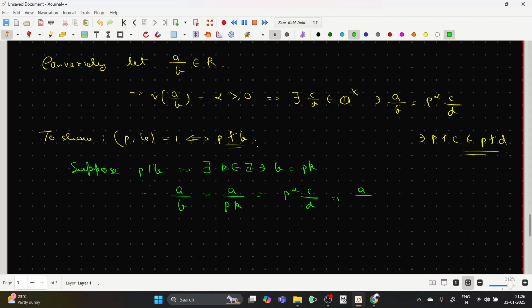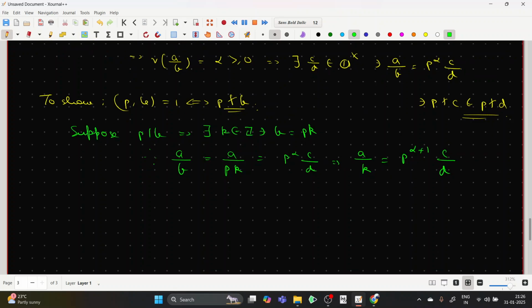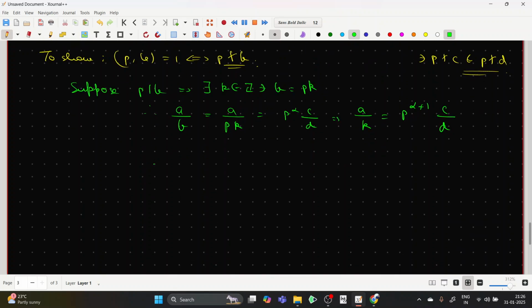So I have a/k equals p to the power alpha plus 1 times c/d. p does not divide c and d here as well. So we have achieved that the valuation of a/k is alpha plus 1. Now observe what happens. This is something which we have observed.